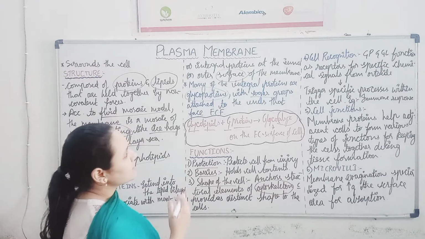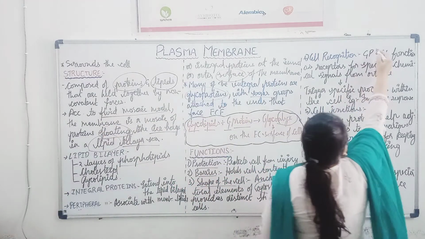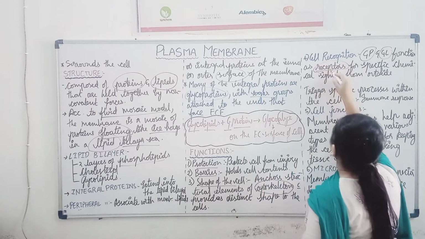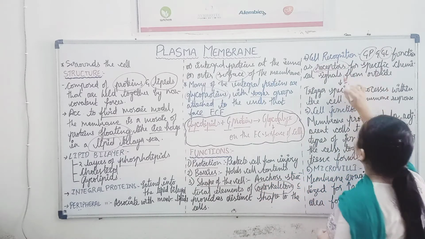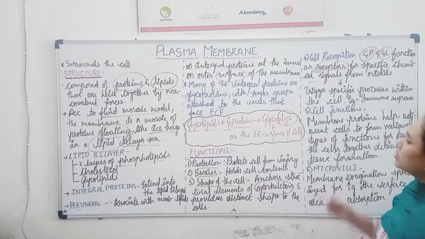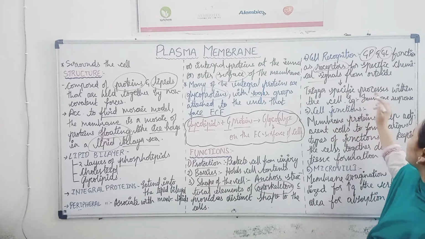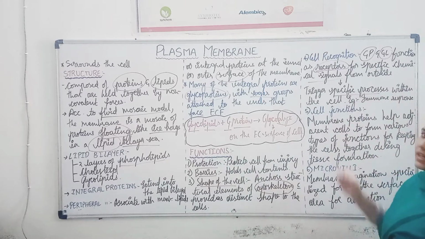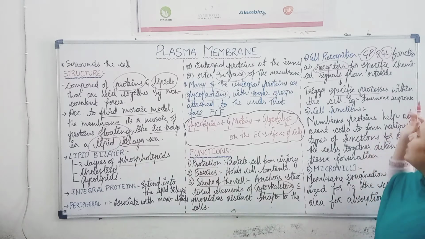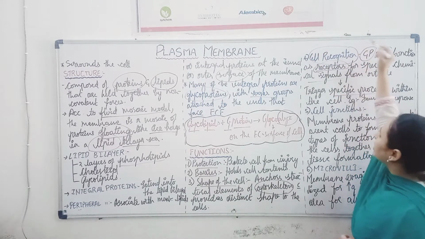Next is cell recognition. Glycoproteins and glycolipids function as receptors for specific chemical signals from outside. What happens when this occurs? This triggers specific processes within the cell, such as immune responses. So what is the cell recognition function of the plasma membrane?